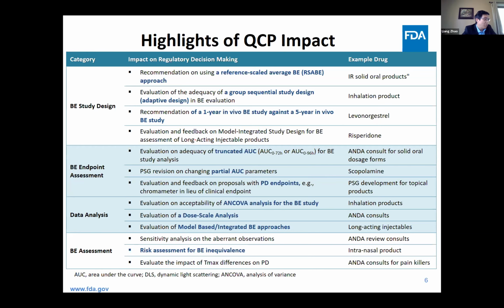QCP modeling can also guide the identification of clinically relevant PK metrics, such as partial AUC, and PD metrics that are more sensitive to drug exposure at the site of action. It also has good 505(b)(2) new drug implications. Similarly, in the event of aberrant observations and a Tmax shift, QCP modeling and simulation can be employed to assess the associated clinical performance. Next slide.